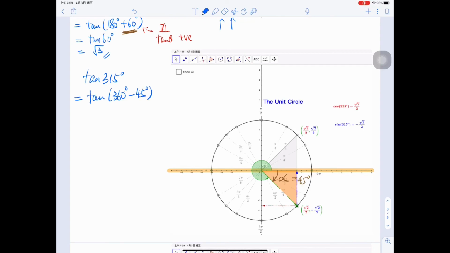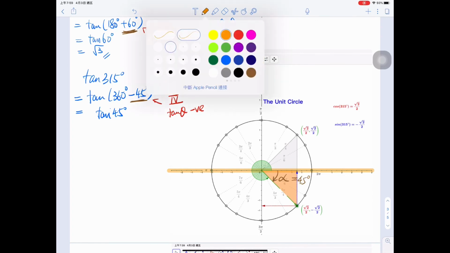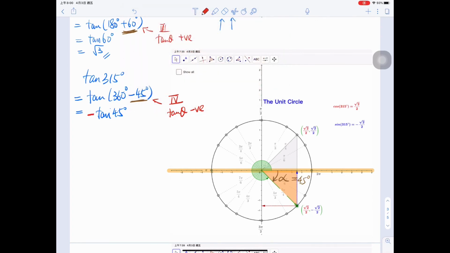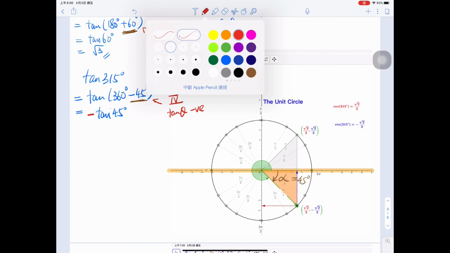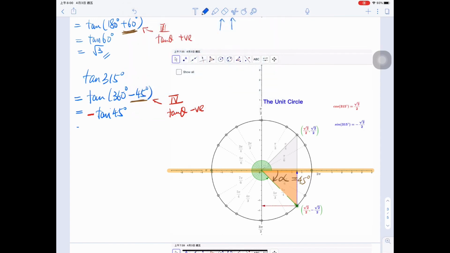Okay. So for this one, the reference angle is 45 degrees, and you need to think. In quadrant 4, tangent theta is negative, correct? So tangent 45 degrees with a negative sign. So here, negative 1 is the answer.